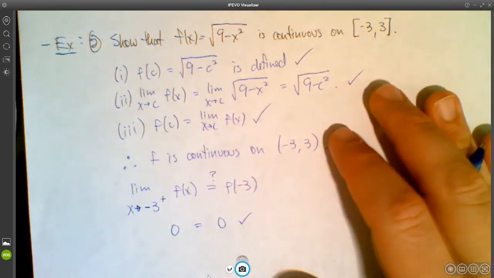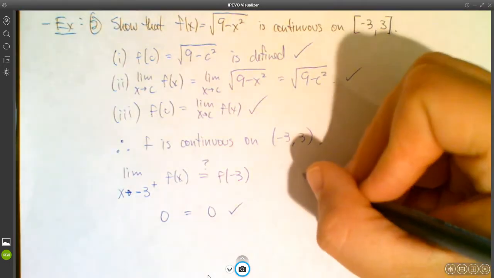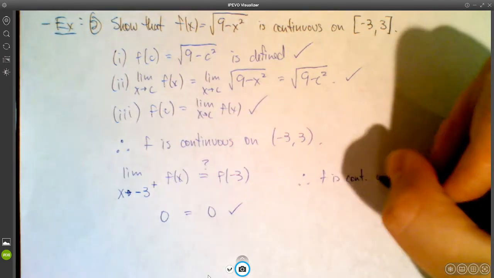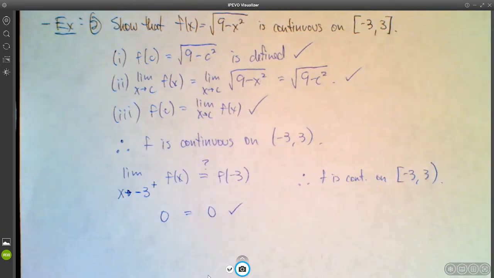Okay, so that condition is met, and so that means f is continuous on [-3, 3).